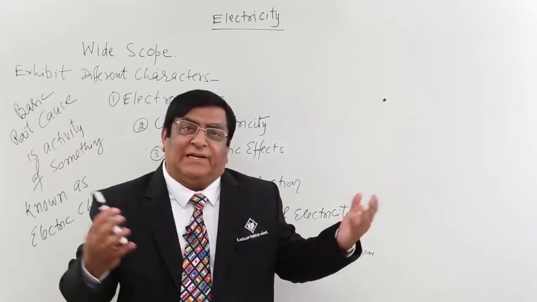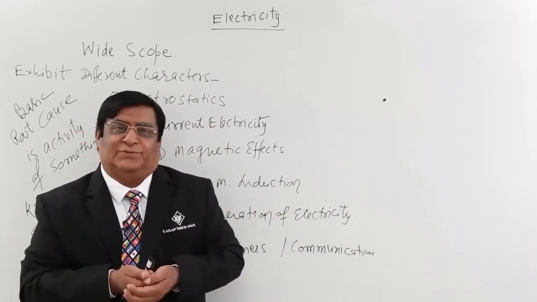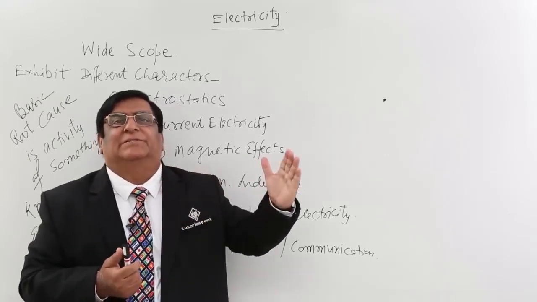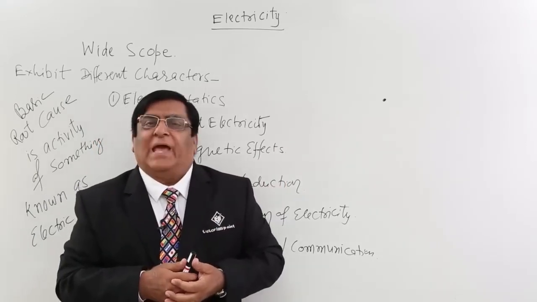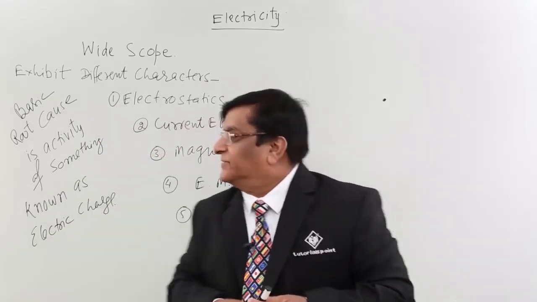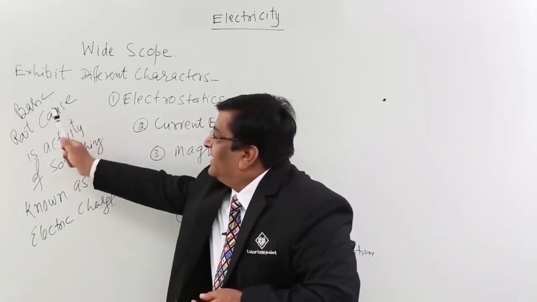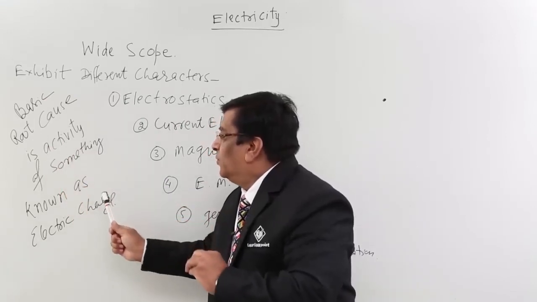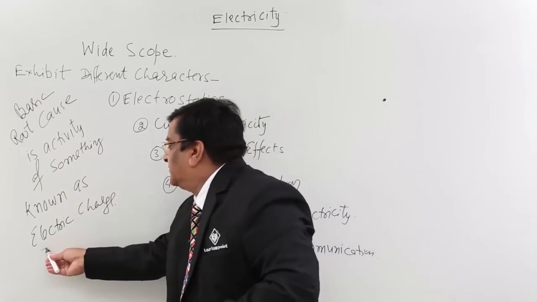So with such a wide topic, when we want to study it, we can't study it in one go, so we have divided it into different topics. And the basic root cause of electricity, we say, is the activity of something known as electric charge.